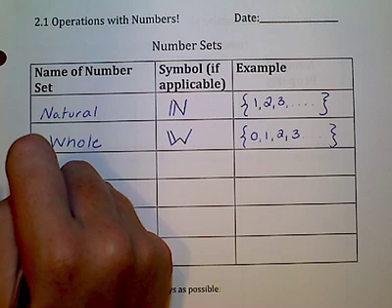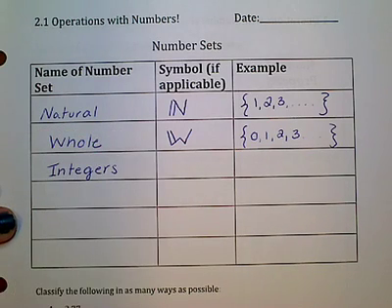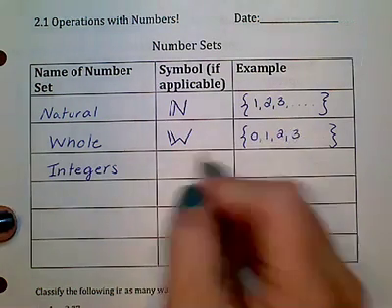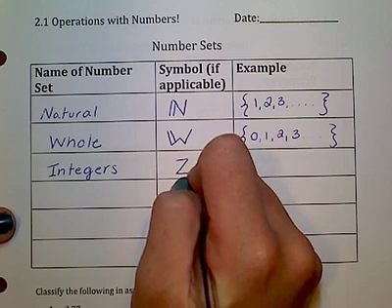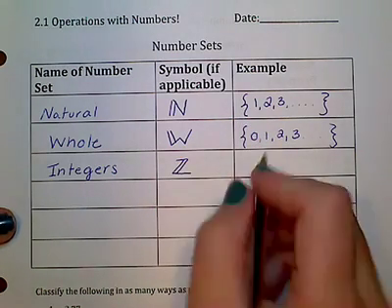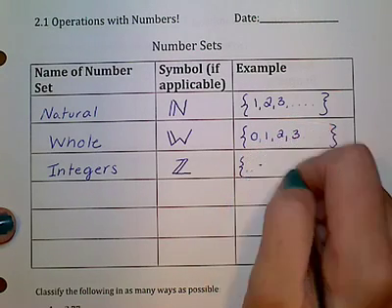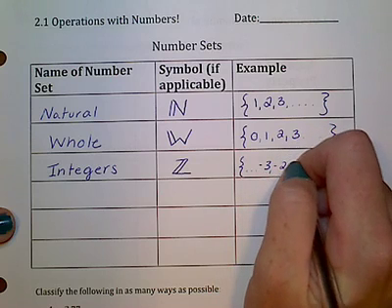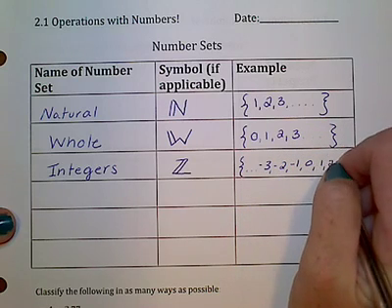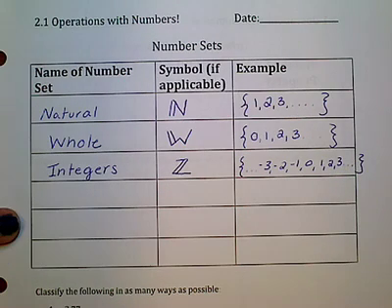Then we get to integers, and you've probably heard that word before. The symbol associated with integers is kind of weird. You would think it'd be an I, but it's not. It's actually a Z, with a double bar on the diagonal part of the Z. Sometimes you hear people say integers are just the negative and positive whole numbers. So with integers, we get to negatives. It's negative and positive whole numbers.